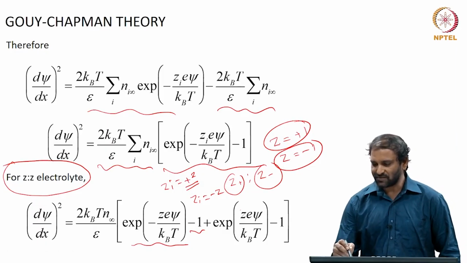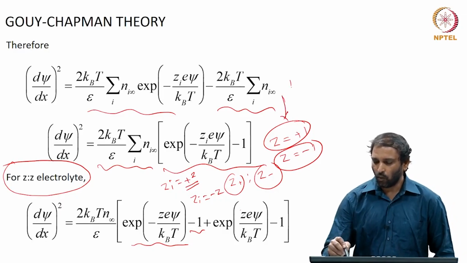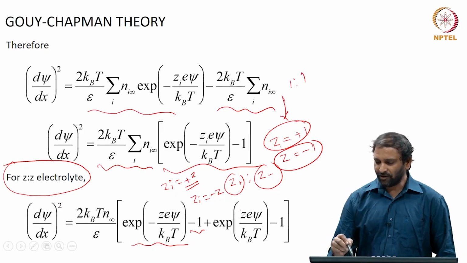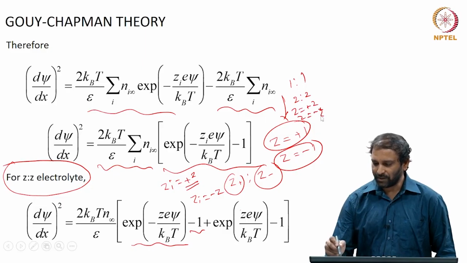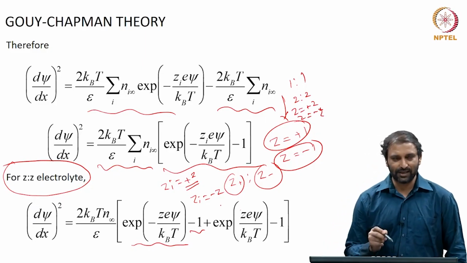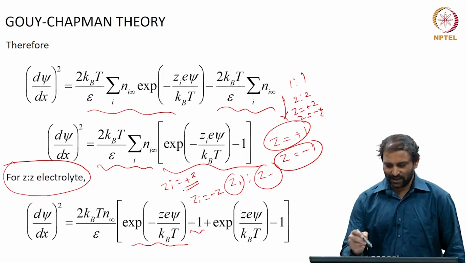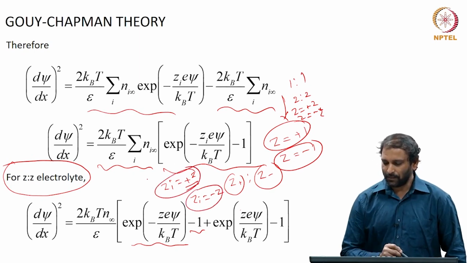The substitution of plus 1 and minus 1 is specifically for a 1:1 electrolyte. If you have a 2:2 electrolyte, I would have to substitute plus 2 and minus 2, but because we are considering the case of a general Z:Z electrolyte, it makes sense to replace z_i with minus Z and plus Z.